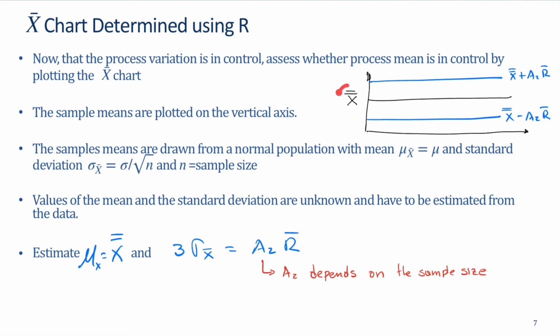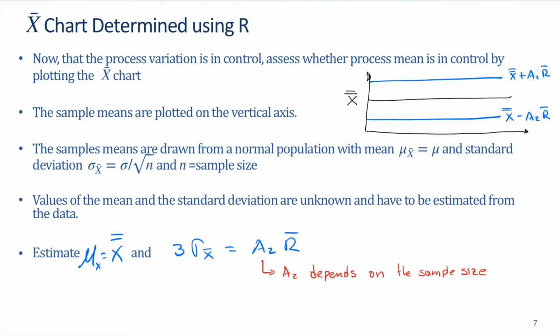So we determine the mean of the means, X double bar, that's our central point, and the upper control limit and the lower control limit are given by the A2 constant. So we have X double bar plus A2 R mean for the upper limit and negative for the lower limit.